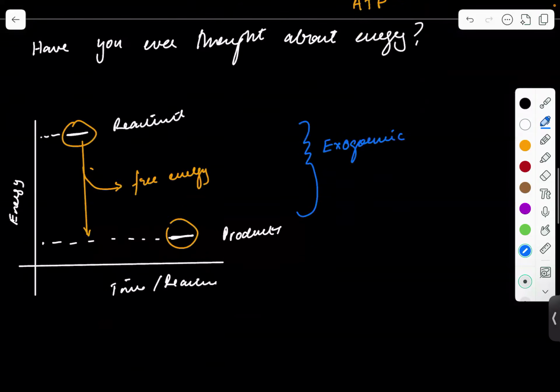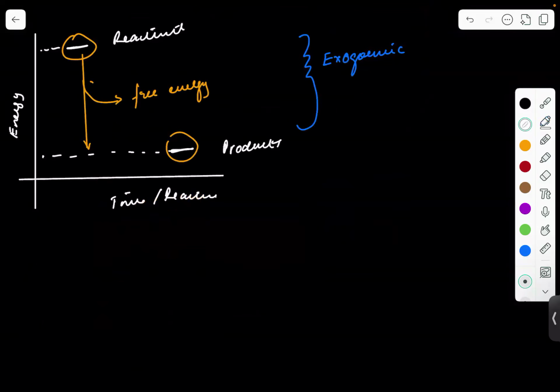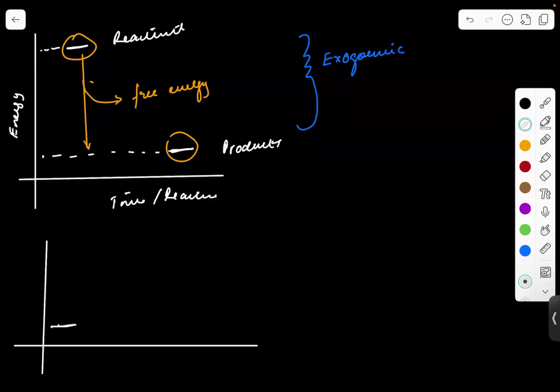The second case we need to look at is this. This is when you start off with your reactants at a lower energy. So this is your reactants. And then your product has a high energy, right?